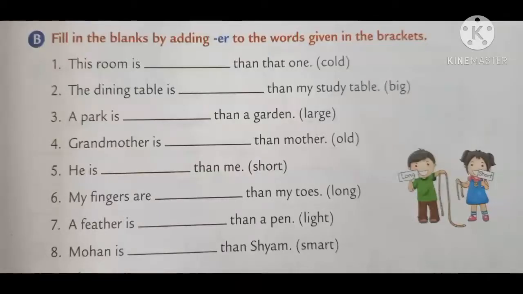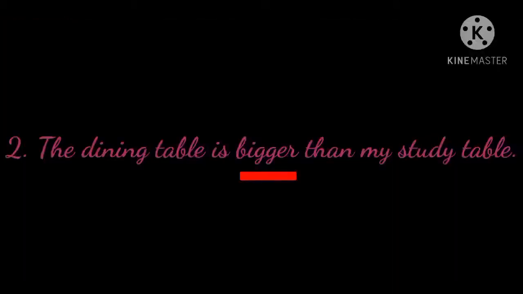The next one, the dining table is dash than my study table. What will come, children? Yes, bigger. So the answer for the second one is the dining table is bigger than my study table.